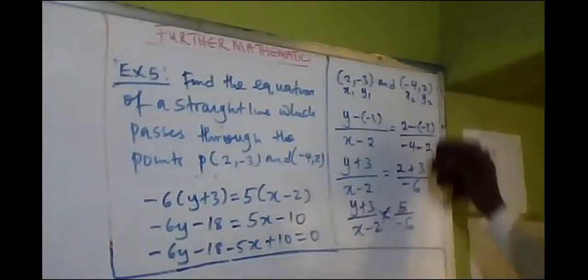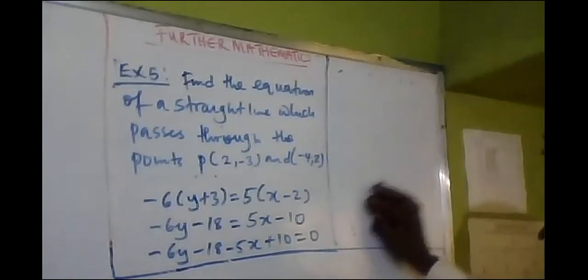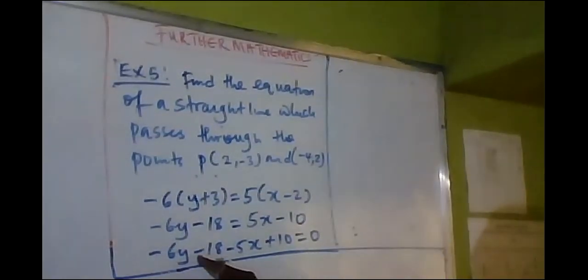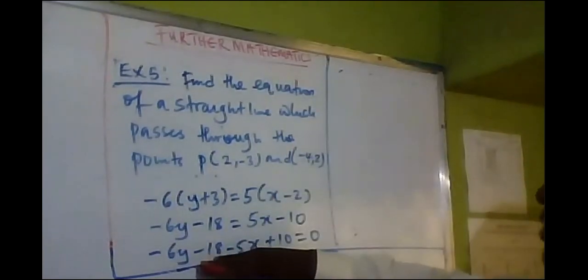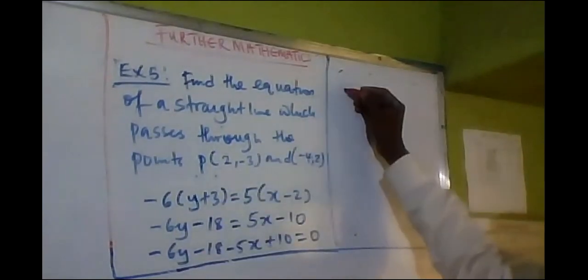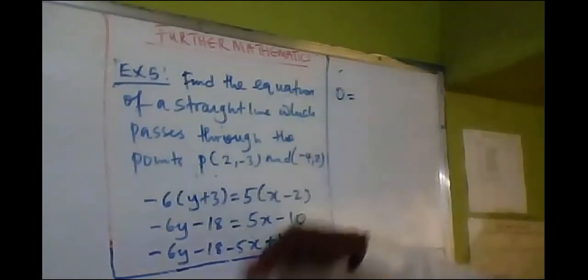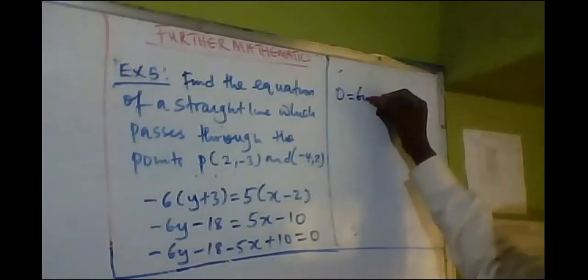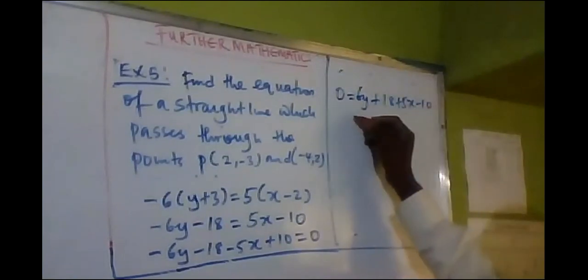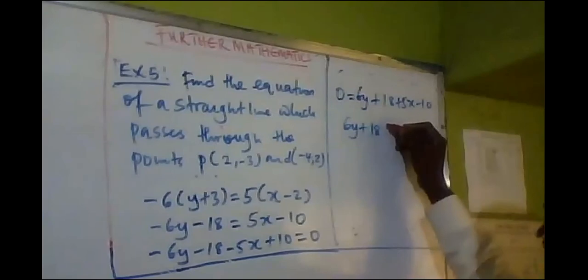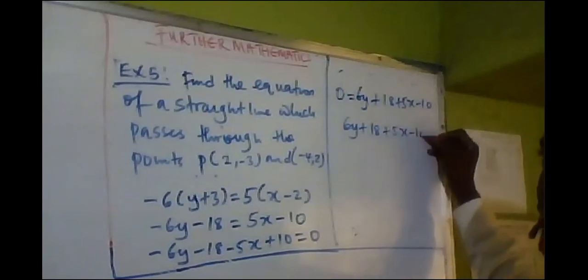So if you rearrange very well, or let's multiply everything by minus 1. That gives you 6y plus 18 plus 5x minus 10 equal to 0.